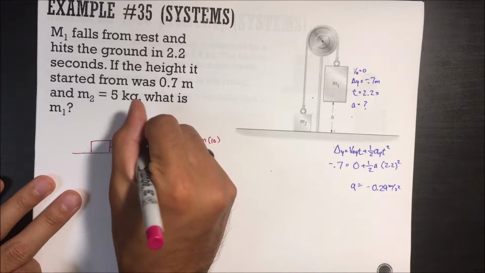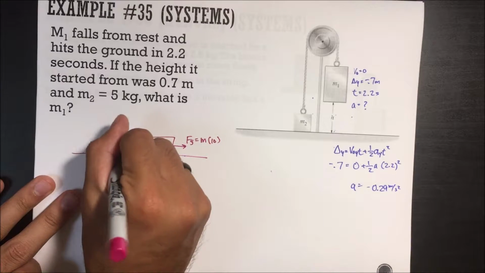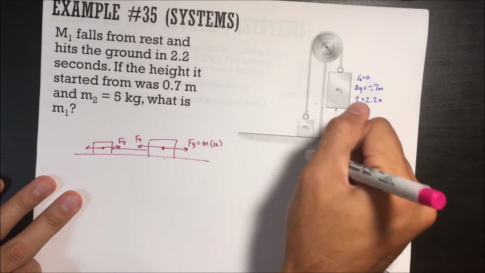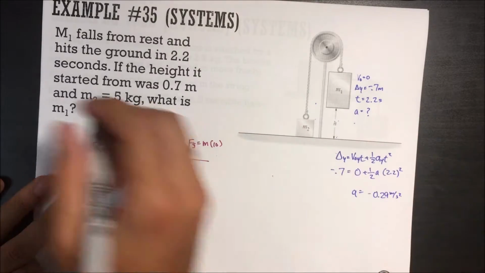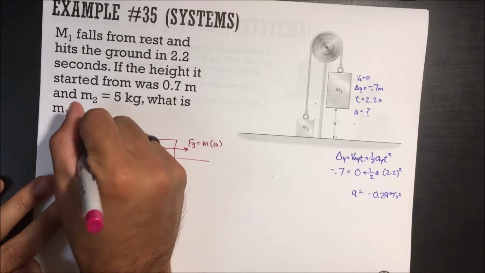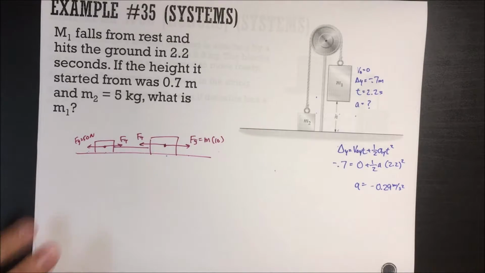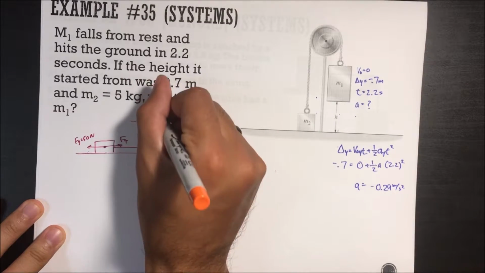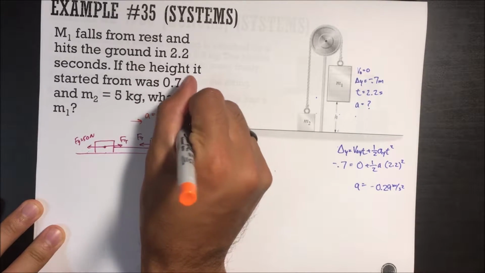This is going to be the force of tension, which we also don't know. But we do know the force of gravity going down this way is going to be 5 times 10. So 50 newtons. Another thing we do know is that it is going to be accelerating this way. So I'm just going to go accelerating this way, 0.29 meters per second squared.